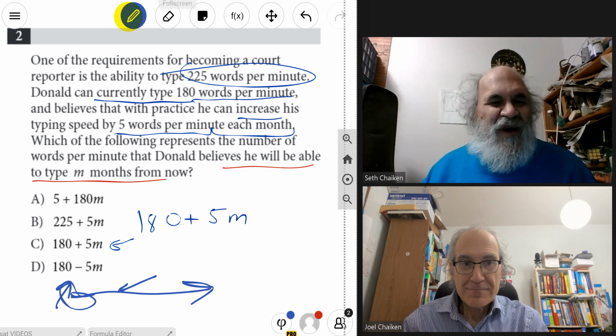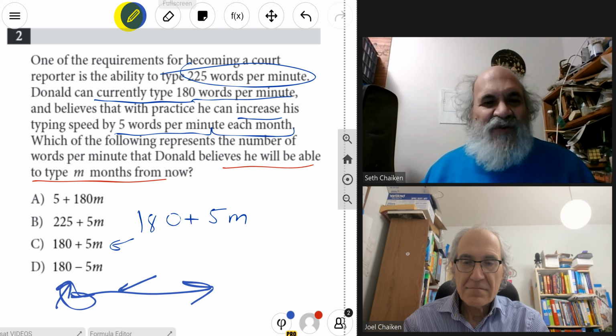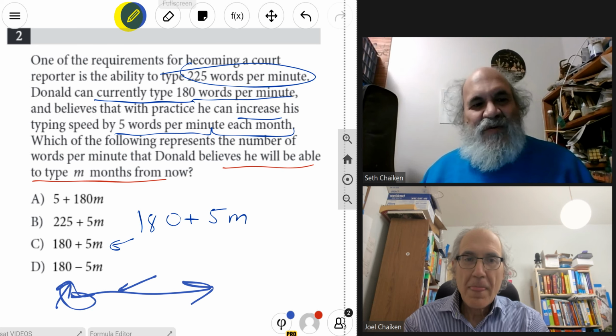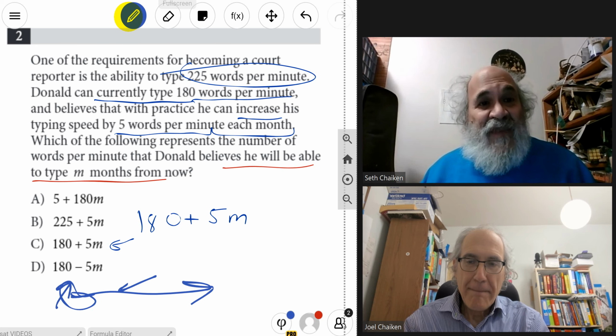Well, we'll look at the other distractors. There's a distractor where they subtract 5M, where the 180 is the constant, and then there's one with 180M, for someone who takes 180 words per minute and multiplies that by the number of months.